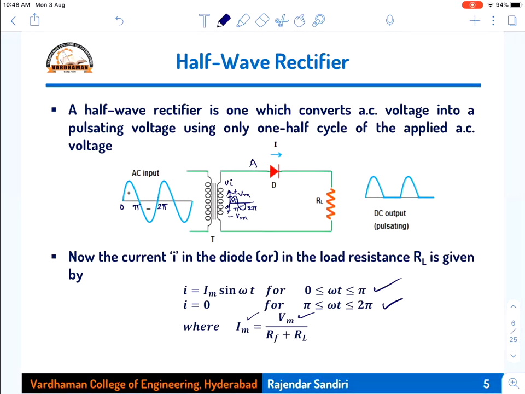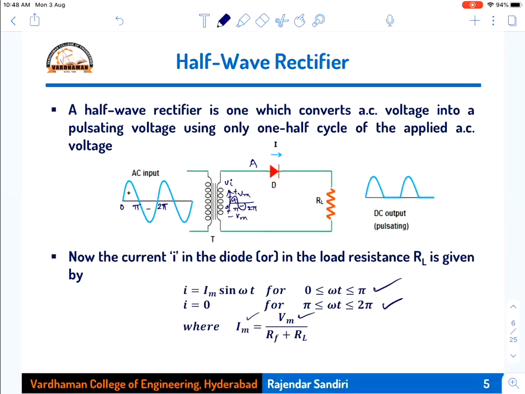The diode has its internal resistance, the forward resistance of the diode, represented by Rf. The diode resistance is Rf and the load resistance is RL, and both are in series. Therefore, the equivalent resistance in the path where the current is flowing is Rf plus RL.